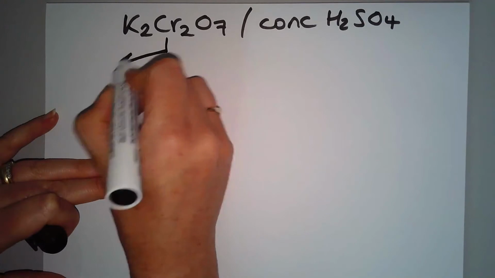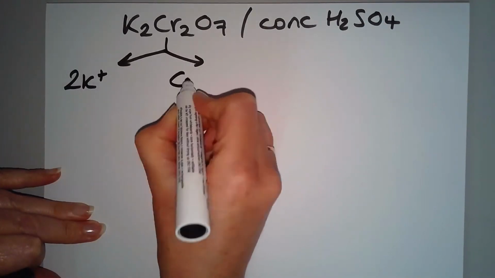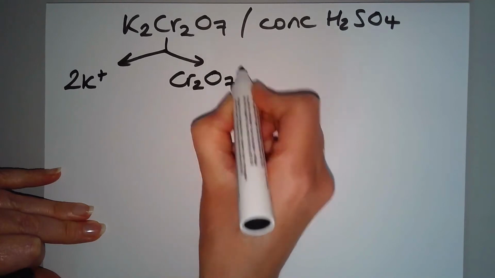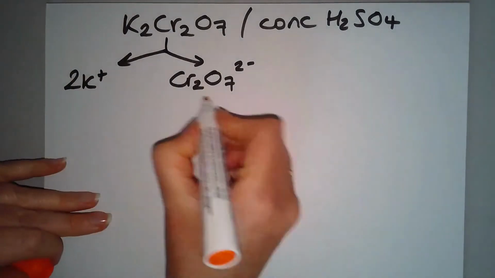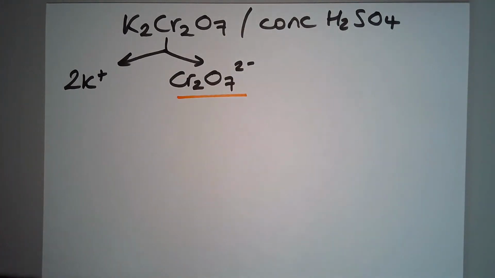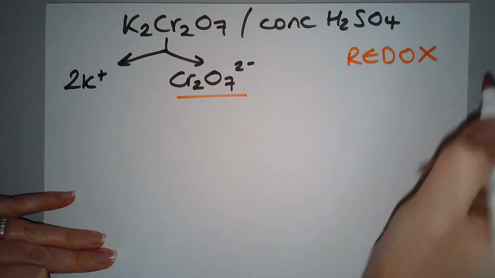Remember, this splits into its ions, so the two potassium ions and then the dichromate ion. And it's the dichromate ion that really is doing the work. So this gets reduced. So the alcohol gets oxidized, the dichromate gets reduced. So together we've got redox.